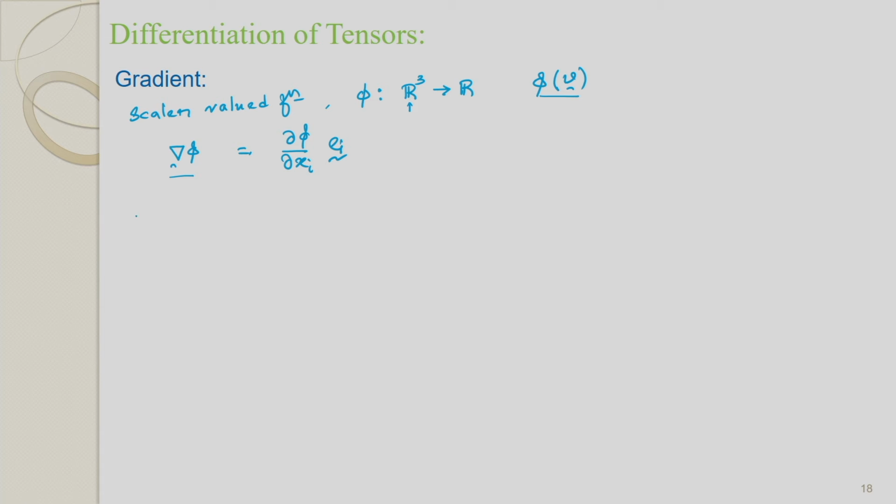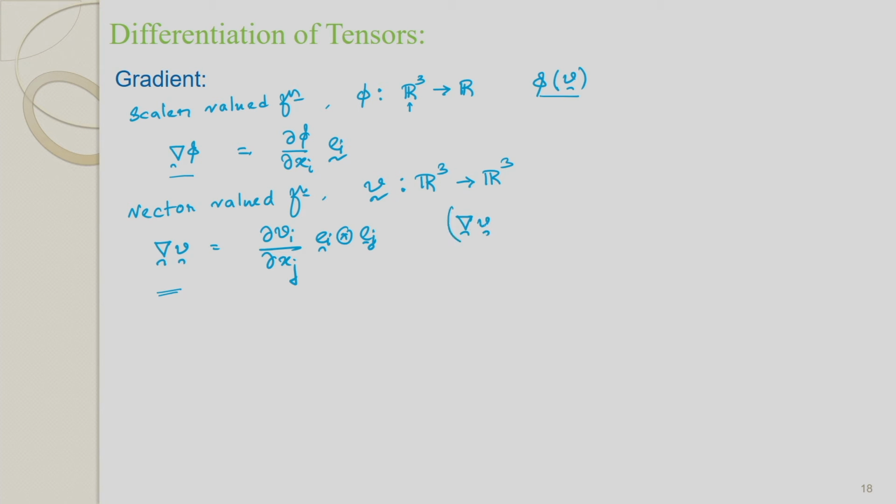Now for a vector valued function, which maps from R cube to R cube, this gradient operator gives del V i del X j, E i dyadic E j, that is, it is a second order tensor. We can write it in another way.